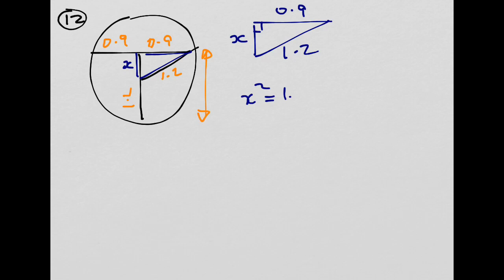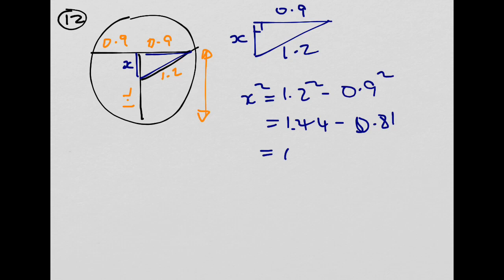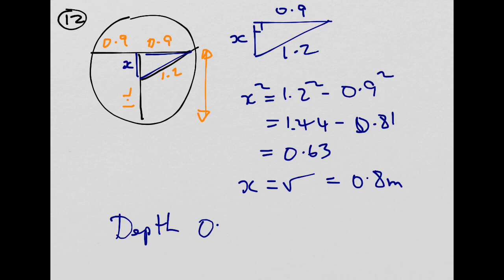Pythagoras, 1.2 squared minus 0.9 squared, 1.44 minus 0.81 is 0.63. X is the square root of that, which is 0.8 metres. The answer you're looking for, remember for the depth, is going to be 0.8 add 1.2, which is 2 metres.